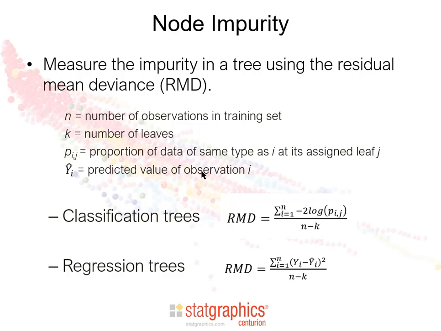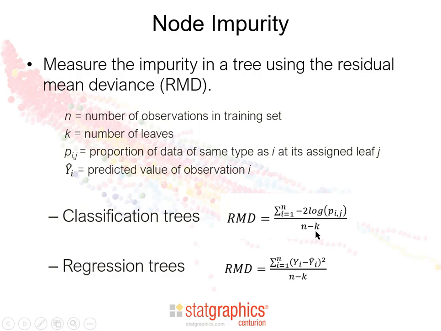We measure the residual mean deviance of a classification tree by summing across all the observations minus 2 times the log of the proportion of the data of type i that have been assigned to leaf j. Add across all the observations and divide by n minus k.